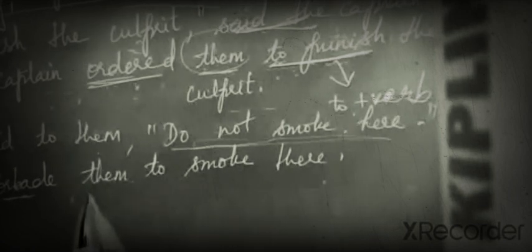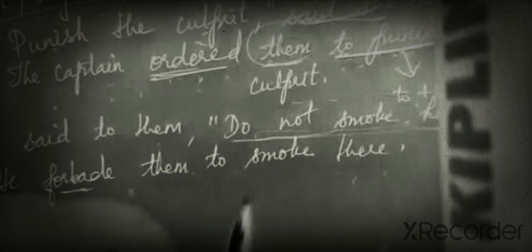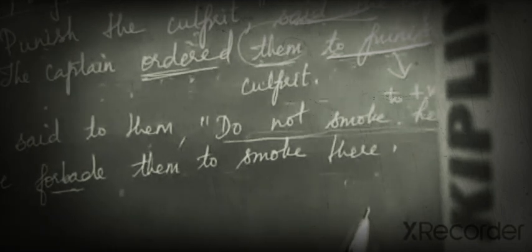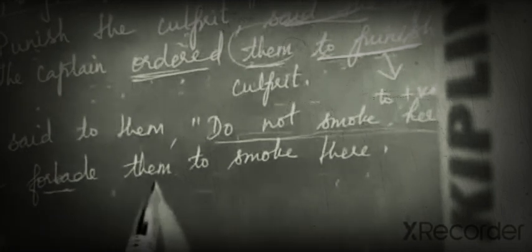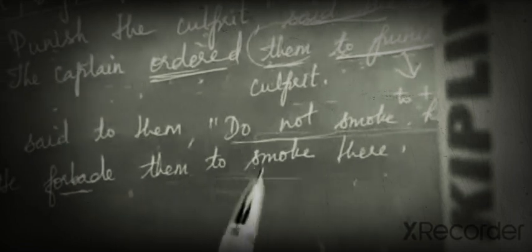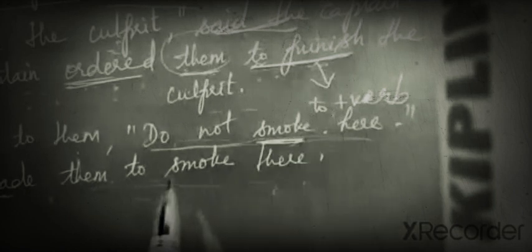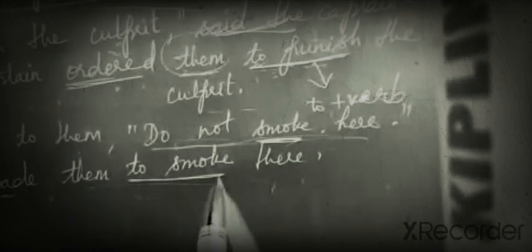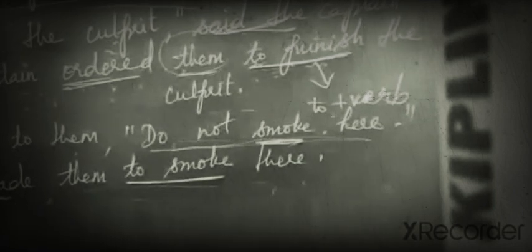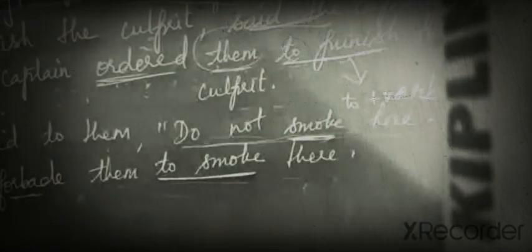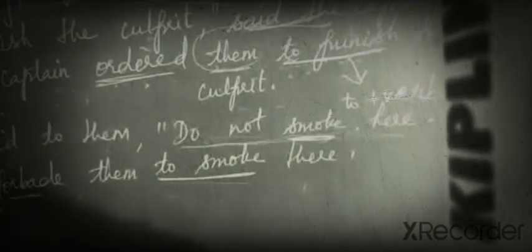Do not means they are asked not to do it, so he stopped them from smoking there. Again, the verb smoke is changing to the infinitive, to plus verb: to smoke there. This is how you change a command from direct to indirect speech.